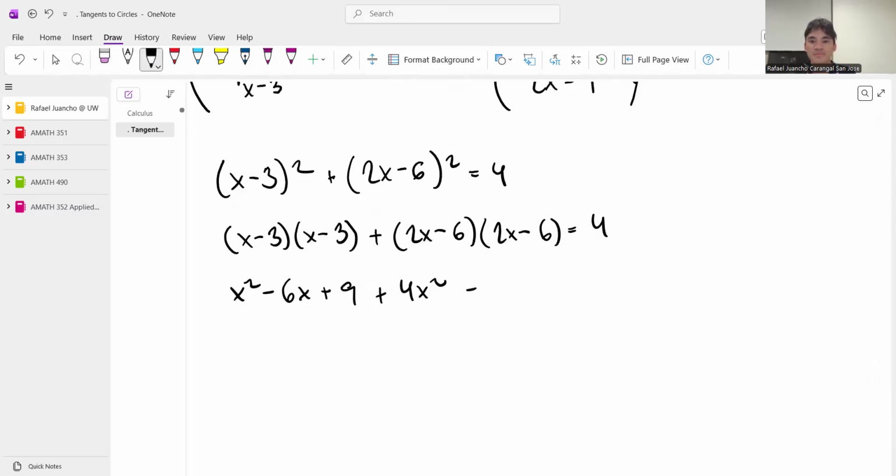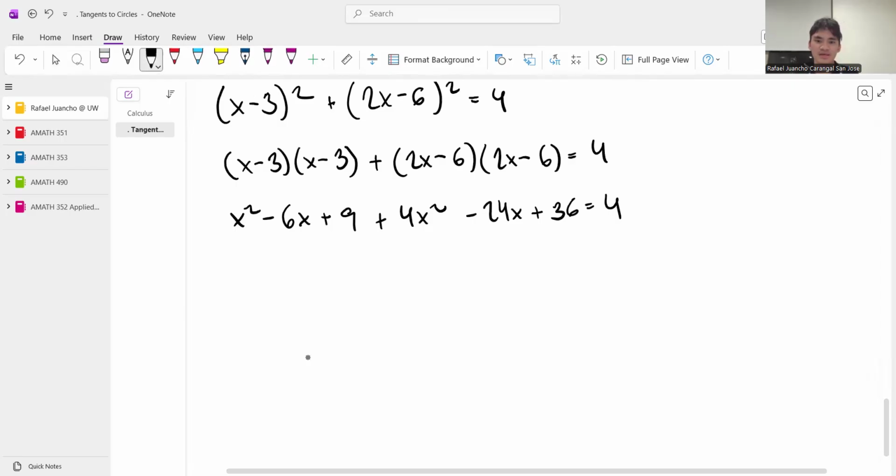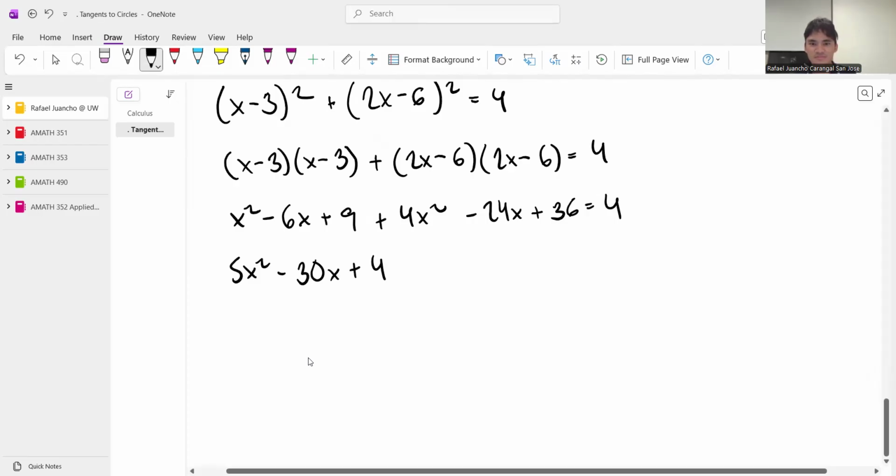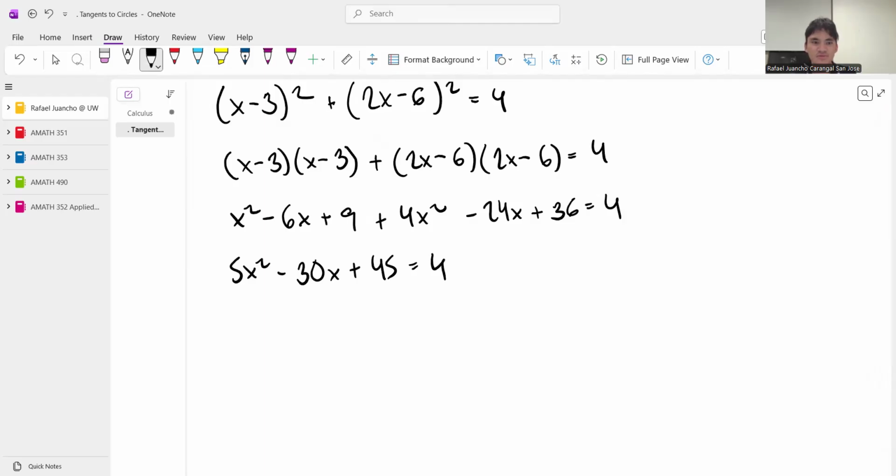And then I combine like terms. That would be 5x squared minus 30x plus 9 plus 36, which I don't know what that is. I need a calculator. 45 equals 4. I subtracted 41.